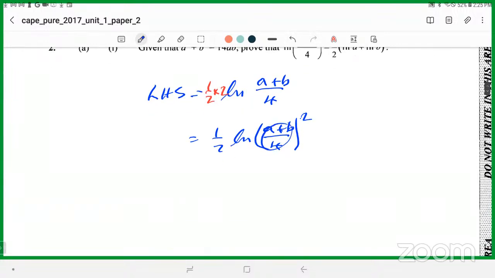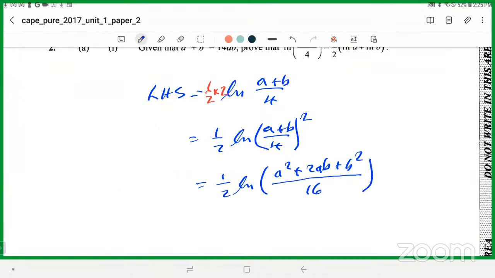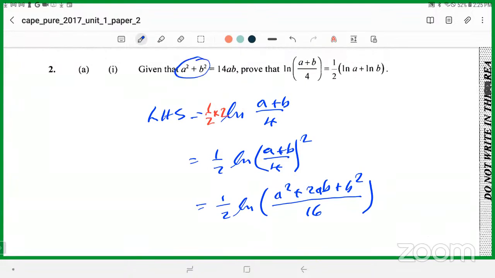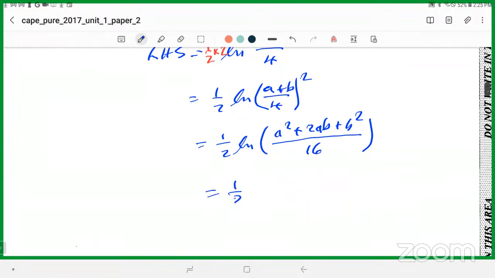I'm going to expand this now. I want to get half ln bracket a squared plus 2ab plus b squared, all over 4 squared, which is 16. The question said the sum of these two is 14ab. So this and this is 14ab, and 14ab plus 2ab is 16ab. So we get half ln of 16ab over 16.